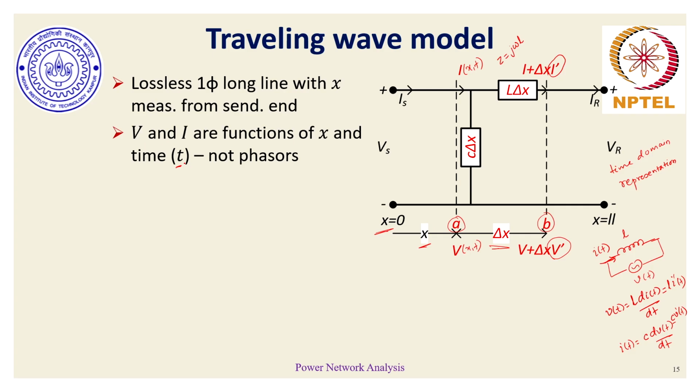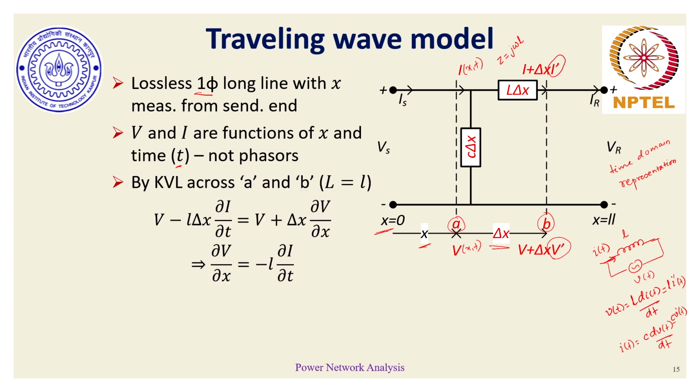Yes, so we have our single phase lossless representation with distance x measured from the sending end. If I apply KVL across nodes A and B, where capital L here is nothing but small l, the per unit line inductance, then at node A I have voltage V with a voltage drop across this inductor.